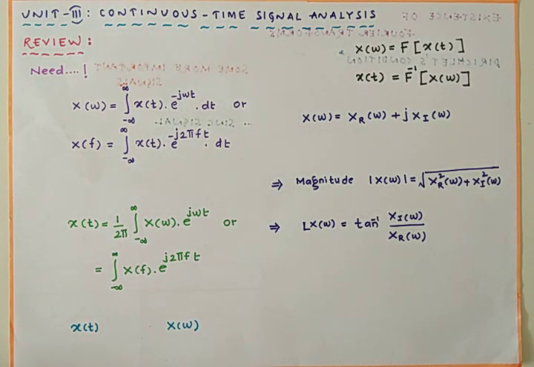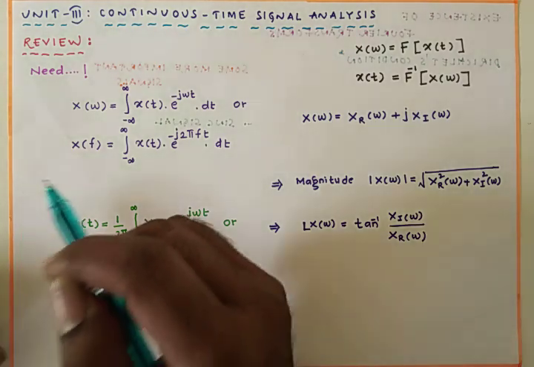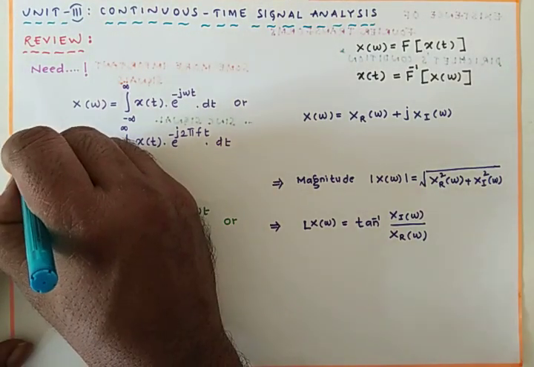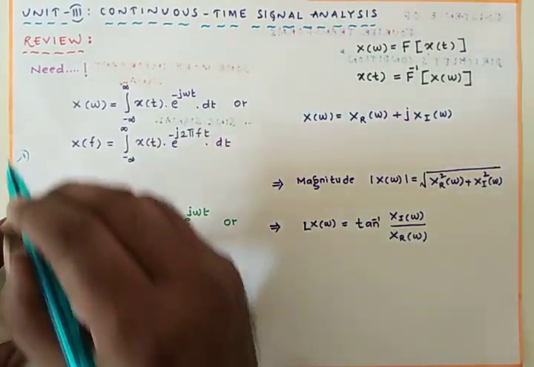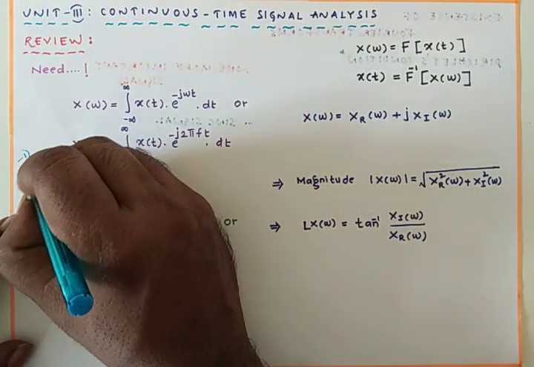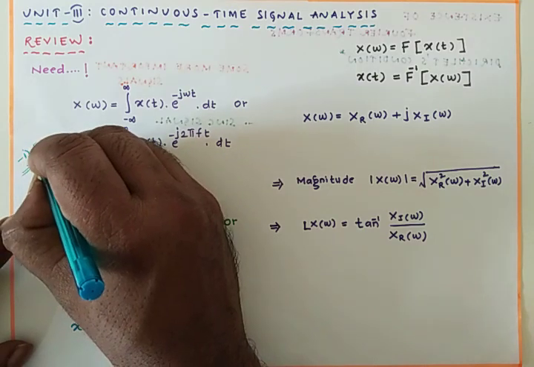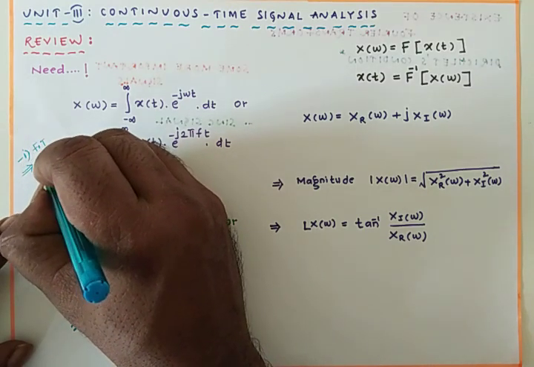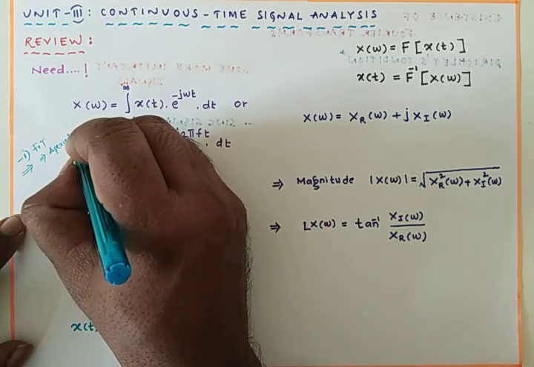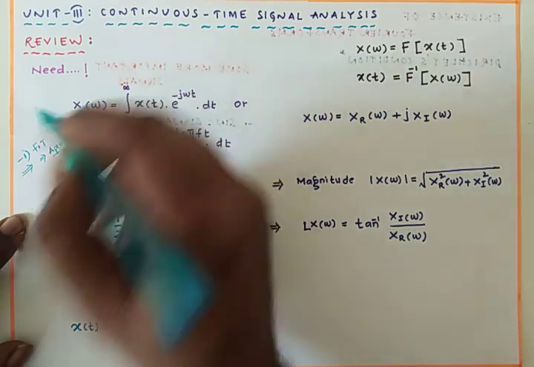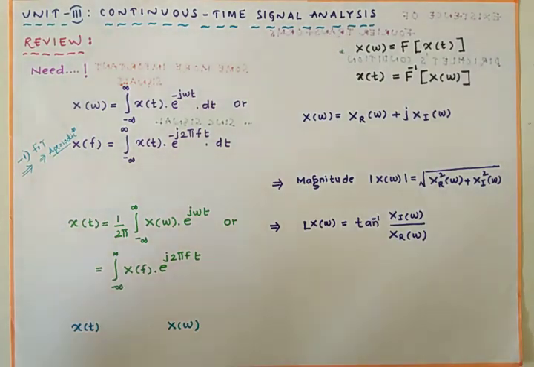There are two things we are looking for in the Fourier transform. One is that we can apply the Fourier transform to aperiodic signals also, which cannot be analyzed by making use of the Fourier series.